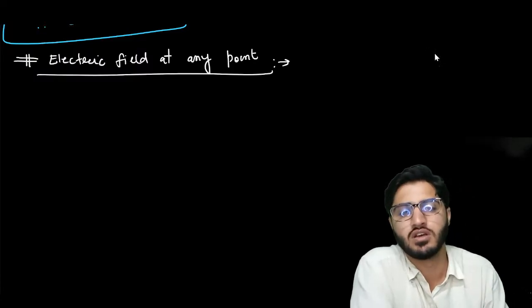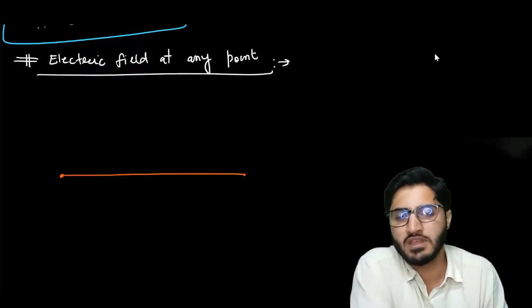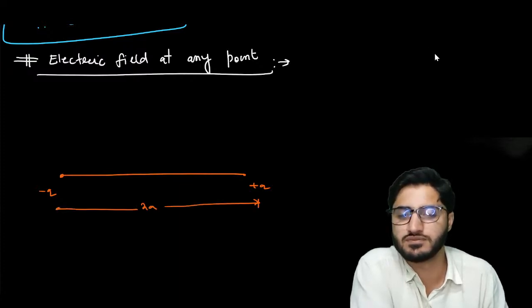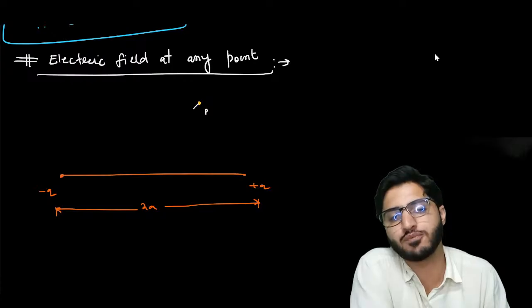Suppose we had an electric dipole, minus q and plus q, with distance 2a. I will take any random point P here, at distance r from the center, making angle theta.